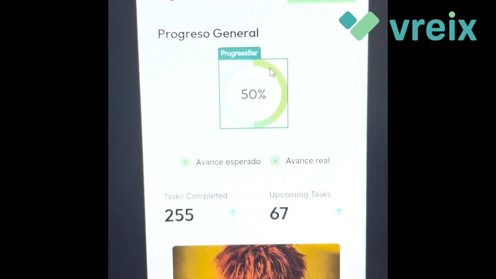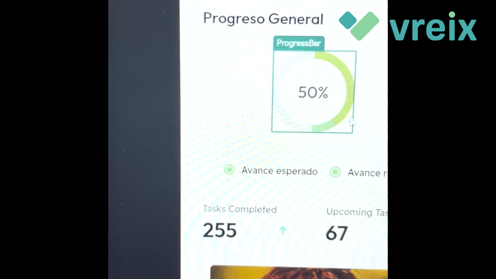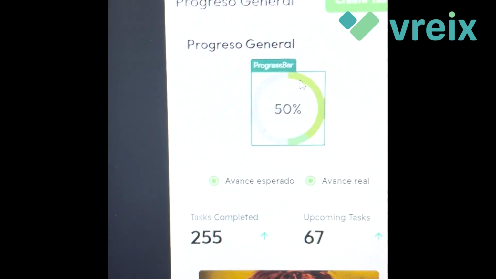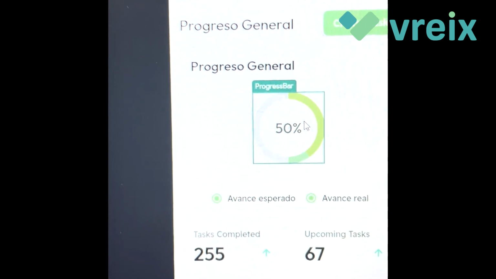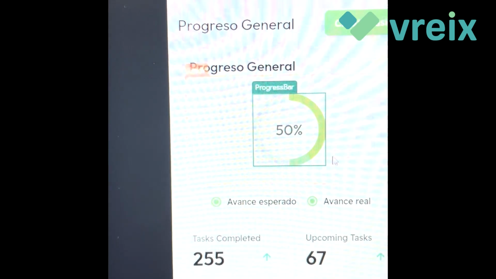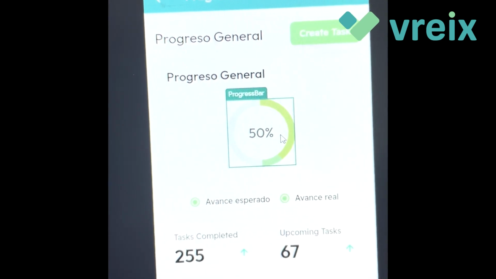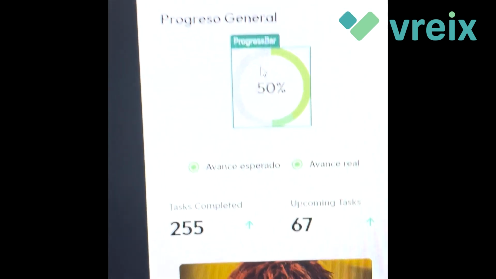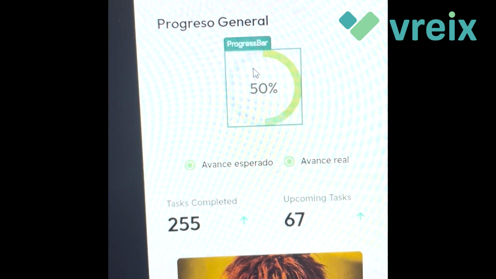So what we came up with was that we could use two of these widgets, one in front of the other. So we have two widgets here, but they are together, one in front of the other, and that's how we did it.